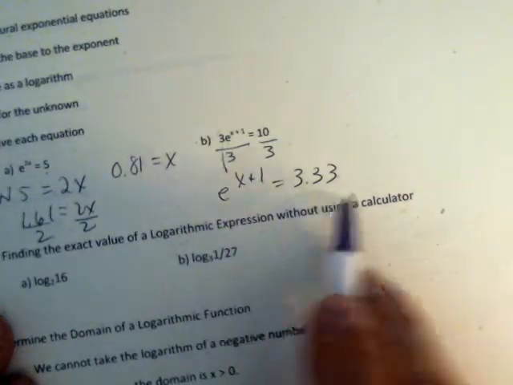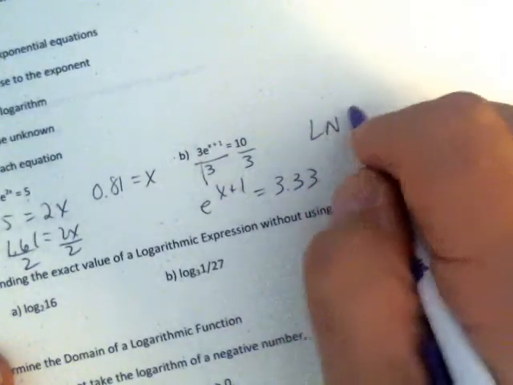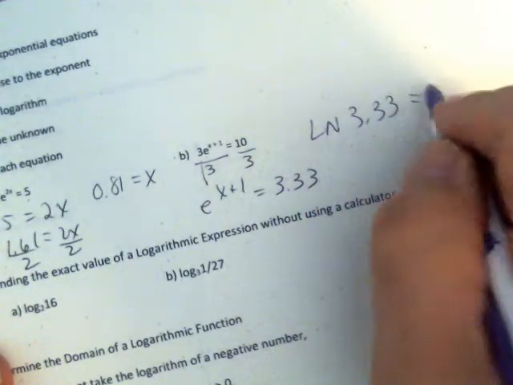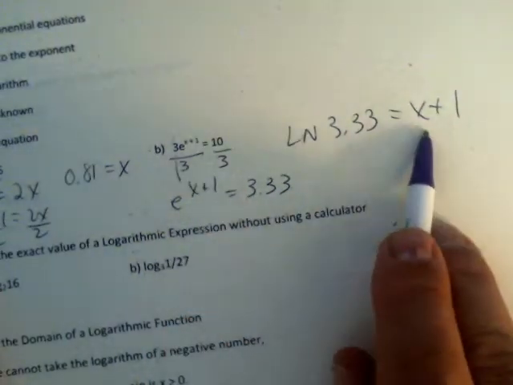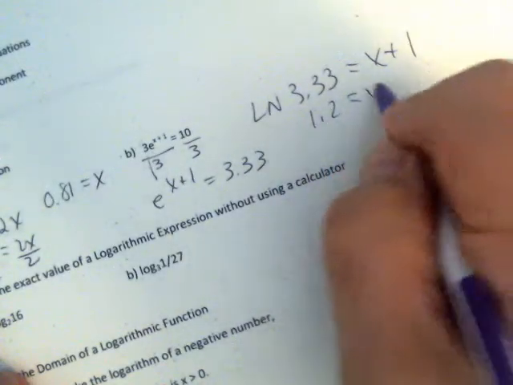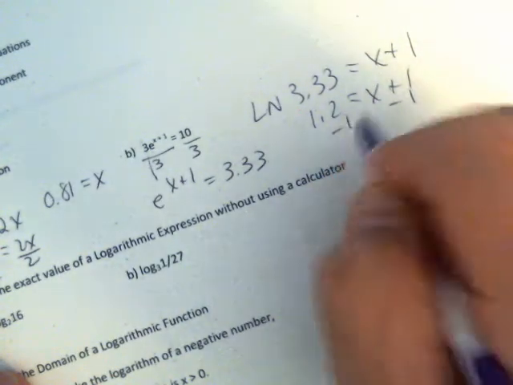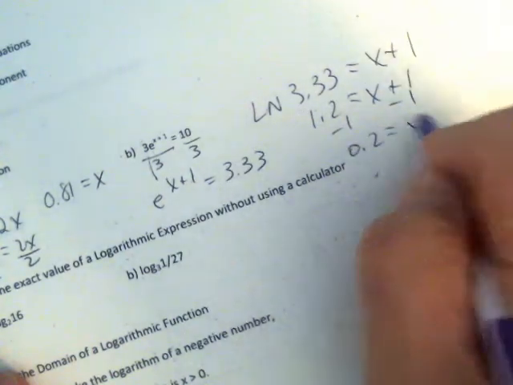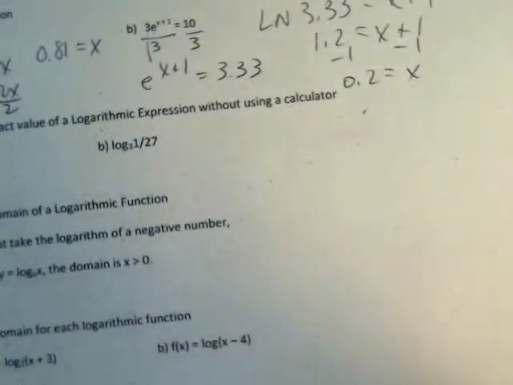Now I can change to a logarithm. So exponent goes over here, log of 3.33. Put that into my calculator. I get 1.2. And then, don't forget your basic solving steps. Subtract 1 to get x is 0.2.